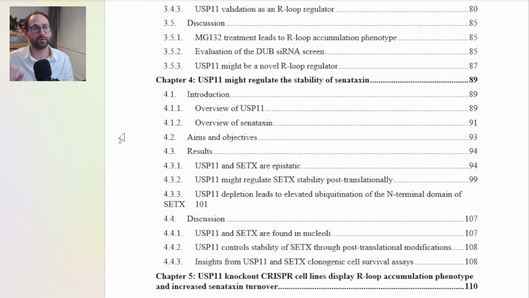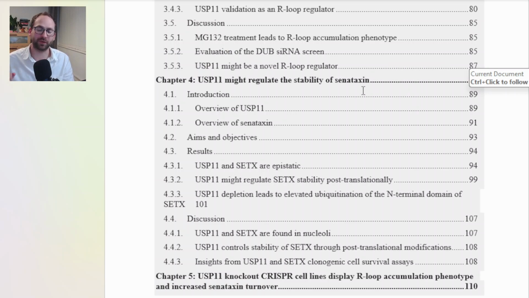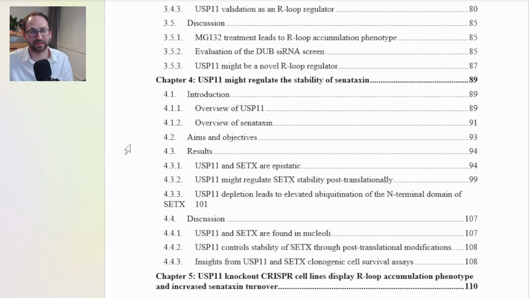And now I am actually talking about these proteins here called USP11 and syntaxin. I haven't spoken about them in my original introduction. So this is new information, a new introduction, but it is key to this chapter. Okay? And then again, I have aims and objectives for this part of my research. I have my results and I have my discussion.